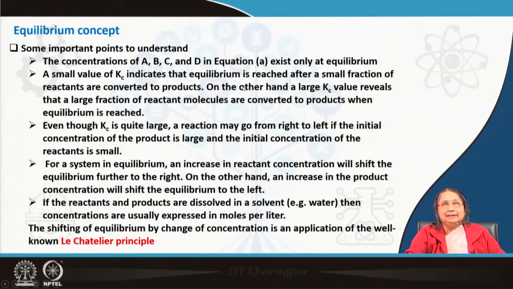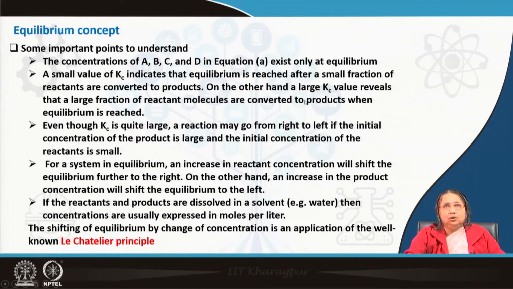It means that equilibrium is reached after only a small fraction of reactants is converted to products. That means the product obtained is less compared to the reactants that we are taking.